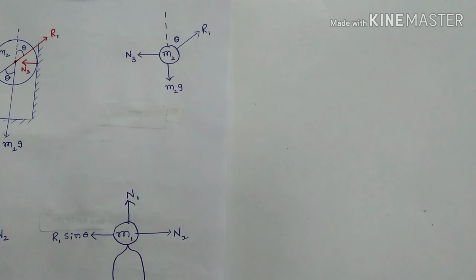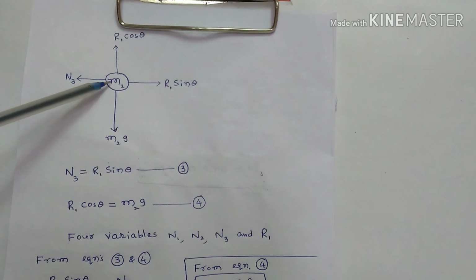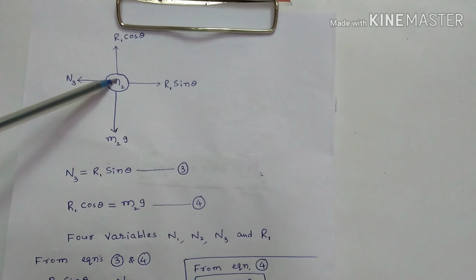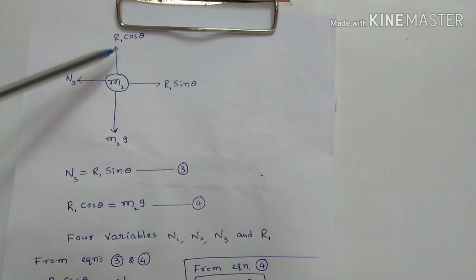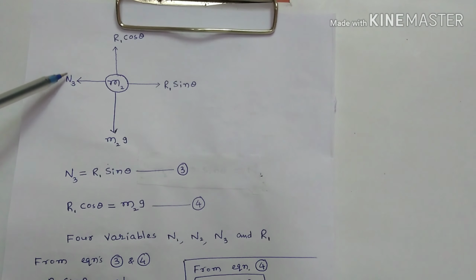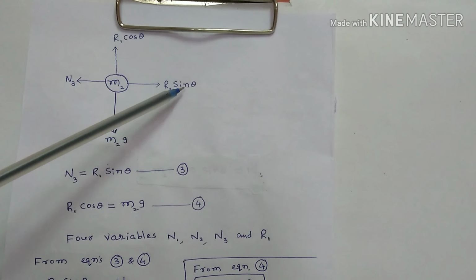Now we will write the equations for this free body diagram. Okay? See here, on mass M2, downward is weight M2G. Upward is R1 cos theta. Left side N3. That is a normal reaction force on the M2 due to the surface of the glass. Along this direction R1 sin theta.